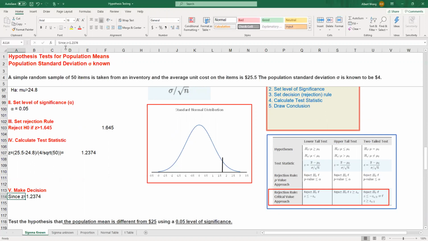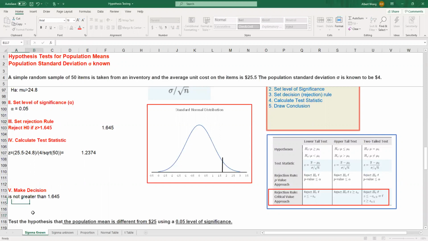Right? So we say since Z equal to 1.2374 is not greater than 1.645, right? Because the rejection rule is that reject H0 if Z is bigger than 1.645. If it's not greater than, then you do not reject, right?